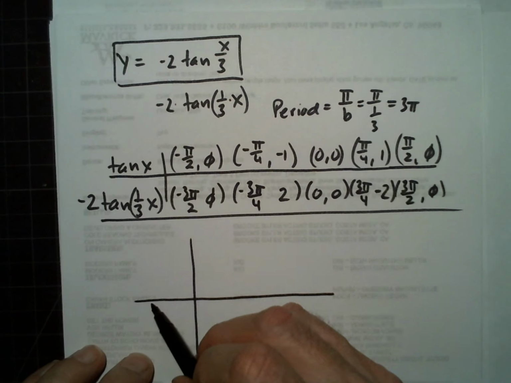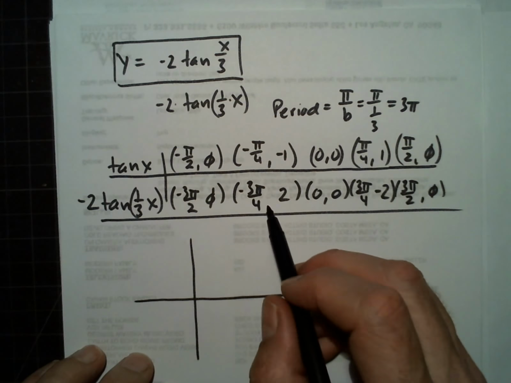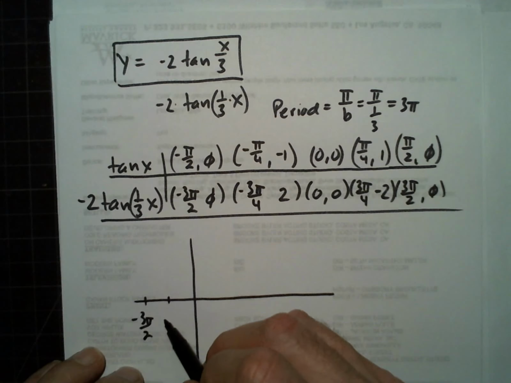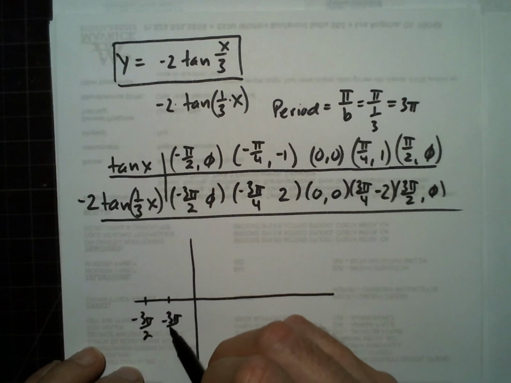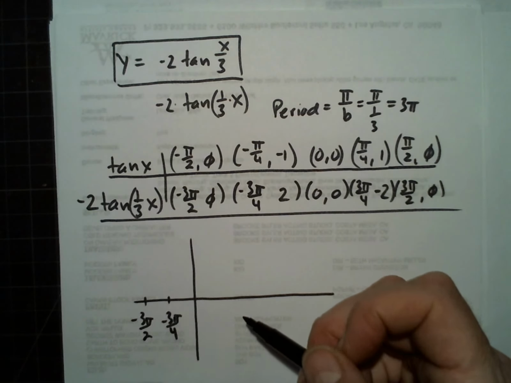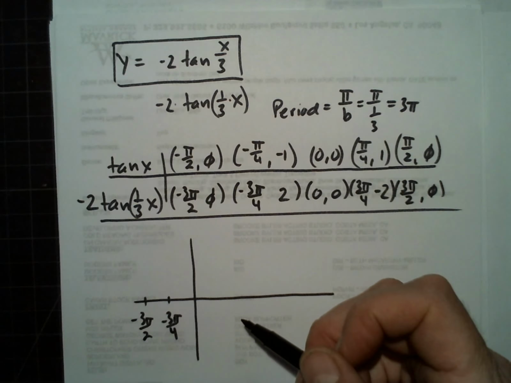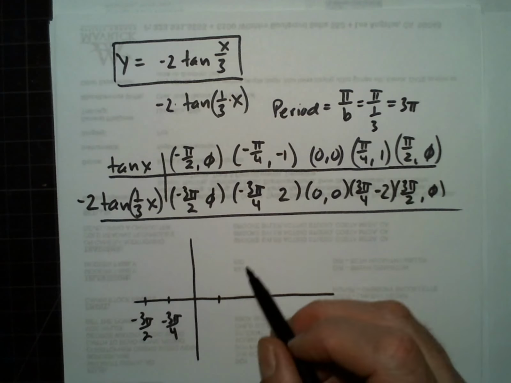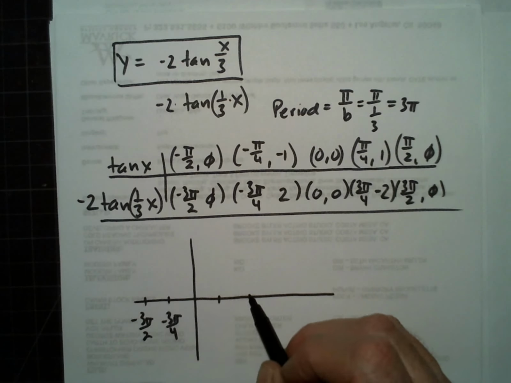So -3 pi over 2, and we're counting by fourths. Counting by 3/4, and we have 0, 0.